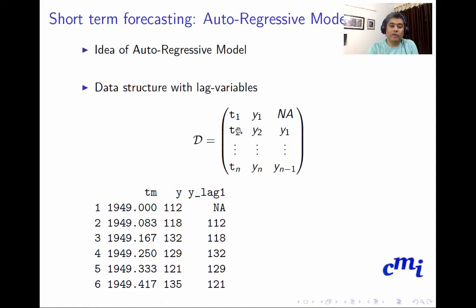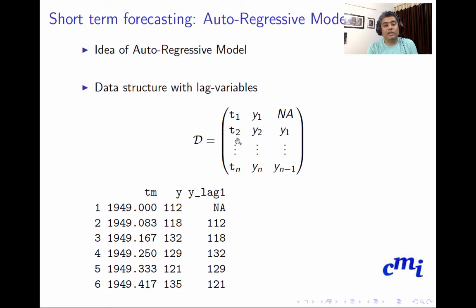If I'm on the second row, t2 y2, what is the lag variable of y2? The lag variable of y2 is y1, so I just bring it here. I create a third column and say that the one lag variable of y2 is y1.